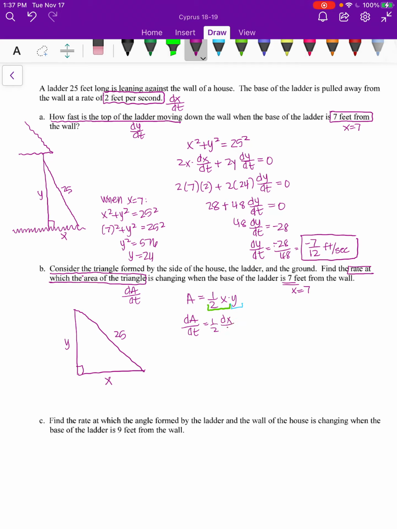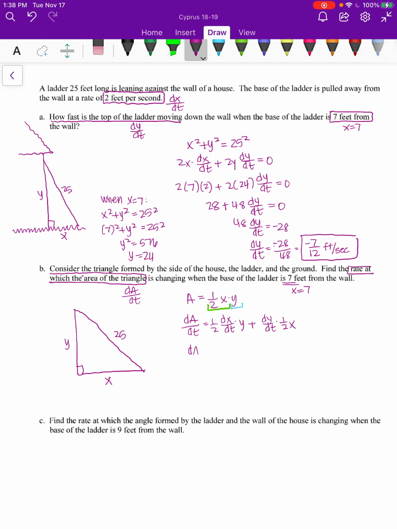So the derivative of 1/2 x is 1/2 dx/dt times y, plus the derivative of y is dy/dt times 1/2 x, sorry. That first part, that 1/2 is a part of that.